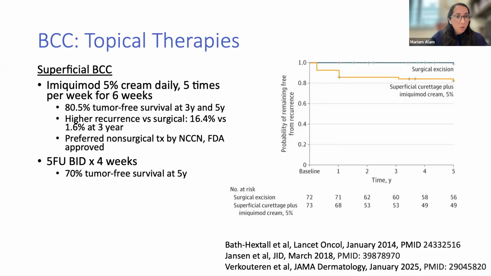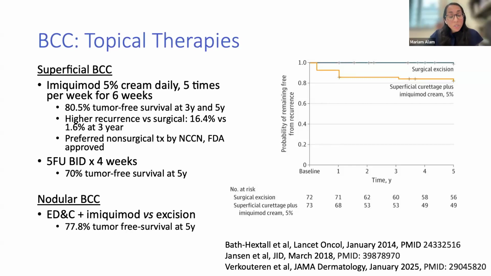There is some evidence for 5FU. We tend to use it less than imiquimod just because the success rates aren't quite as high. There's actually some evidence for imiquimod in nodular basal cells too. So ED&C plus imiquimod. So you're doing a scrape and burn and then adding imiquimod versus excision.